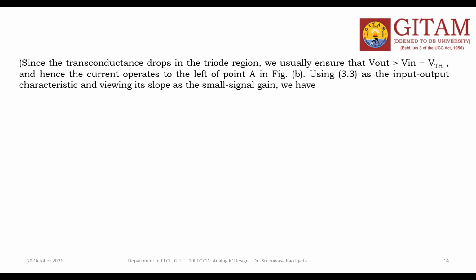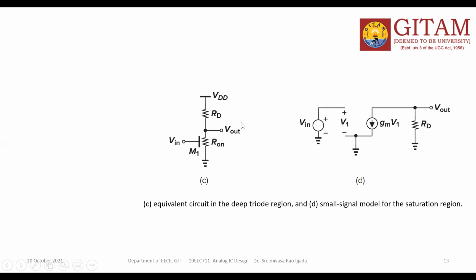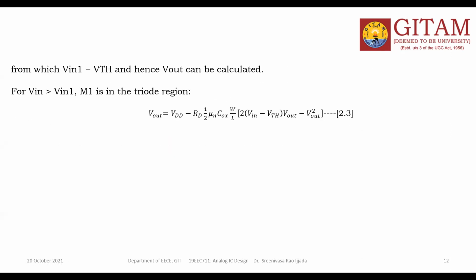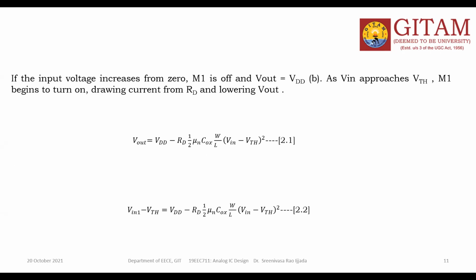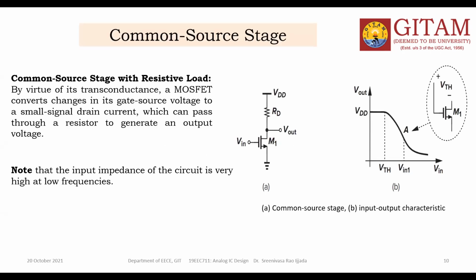In the characteristic curve, take this point A. For A, the left is this much, the right is this much. This is saturation, this is the cutoff, this is saturation, this is the triode.